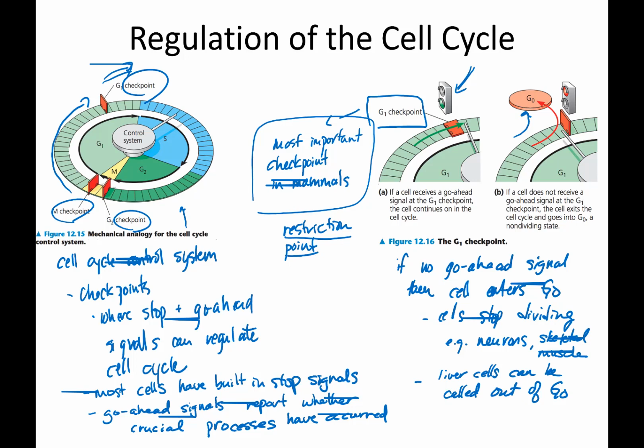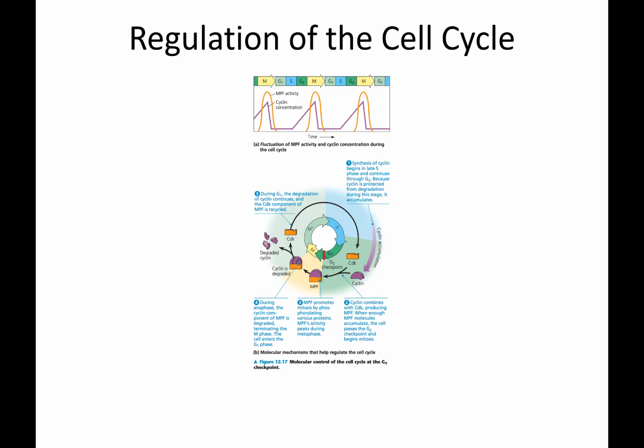So what are these signals that are allowing cells to continue on their cell cycle? There are a group of proteins called cyclins and cyclin-dependent kinases that regulate this cell cycle. We're going to spend some time talking about this right now.